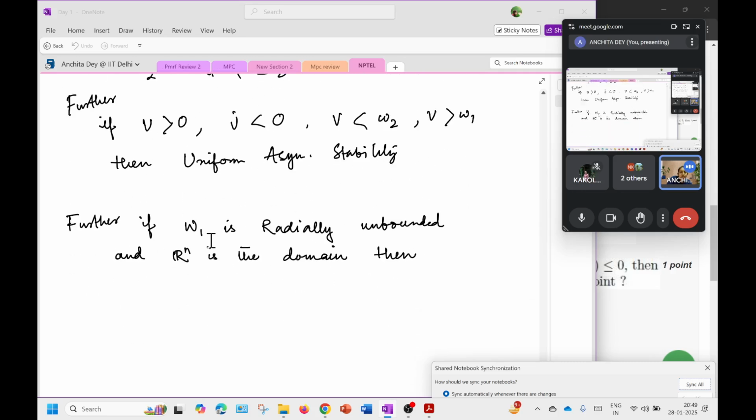And finally, if all these conditions are satisfied, but now W1 is, say, radially unbounded, okay, and your domain is the whole R^n, then you have uniform globally asymptotic stability. So that means global because radially unbounded function. So wherever you go, the property of V and V dot would be satisfied.